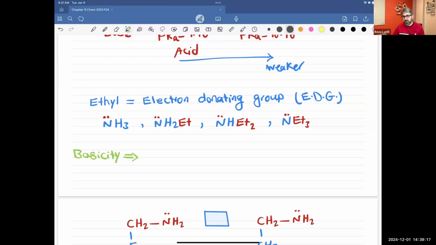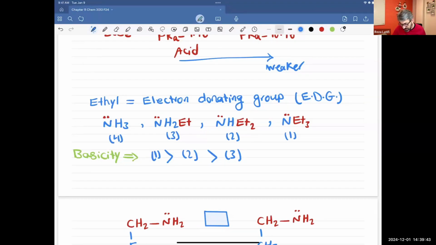So if I want to talk about the basicity, this compound will be the strongest base. So number 1 is the one with 3 ethyls, and next it will be the one with 2 ethyls, and this one will be the third one, and the weakest base will be ammonia.